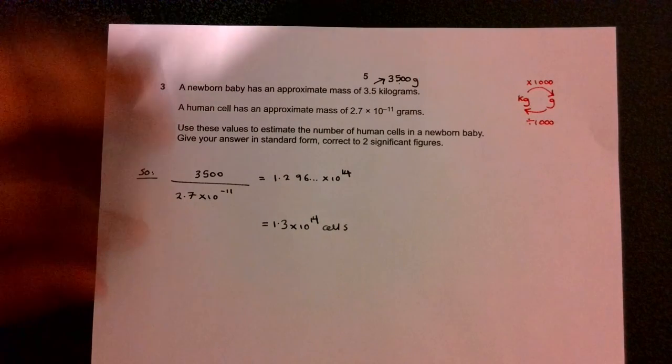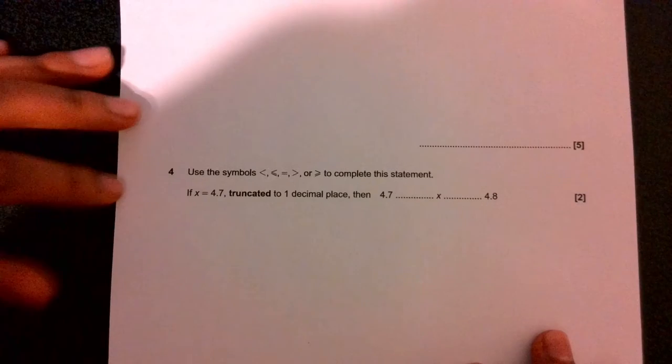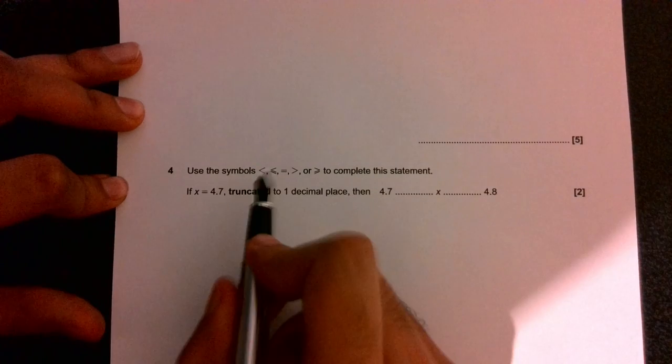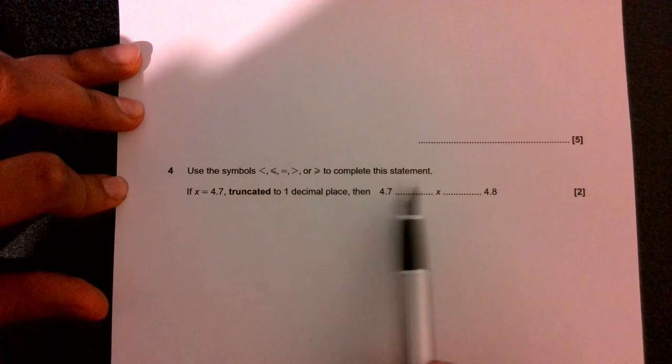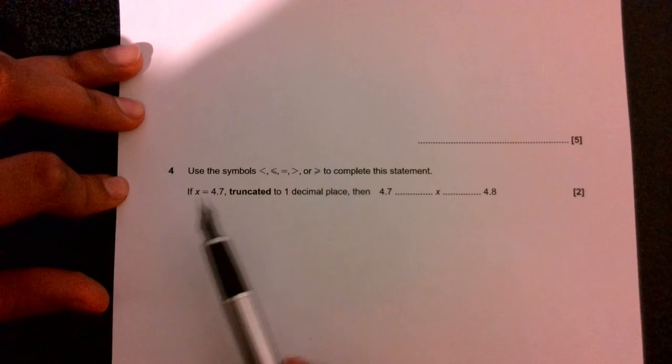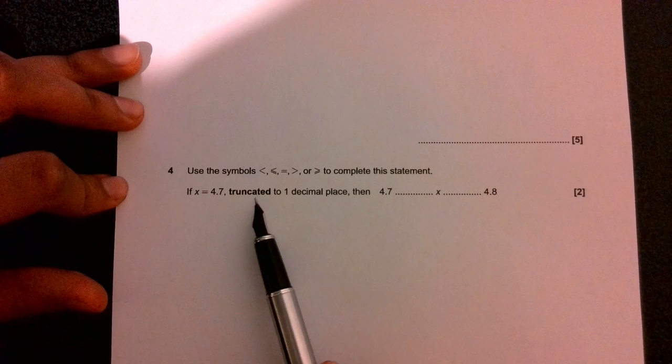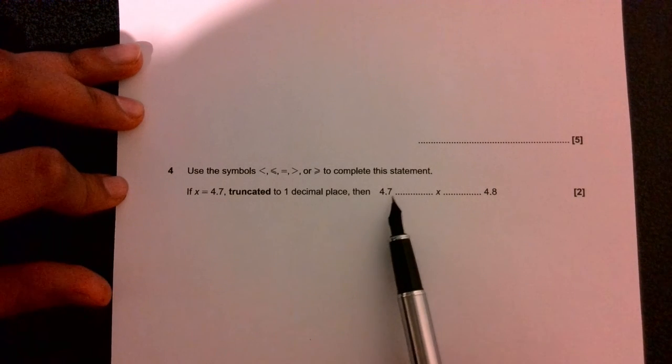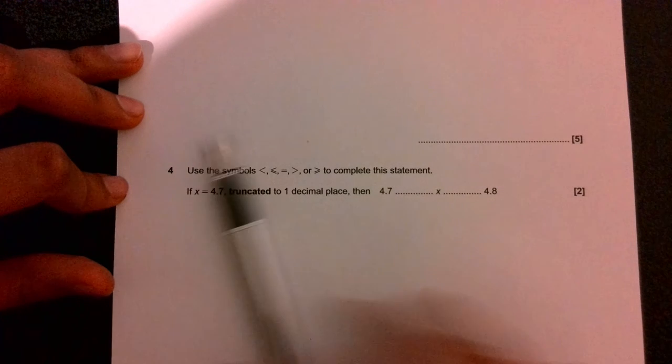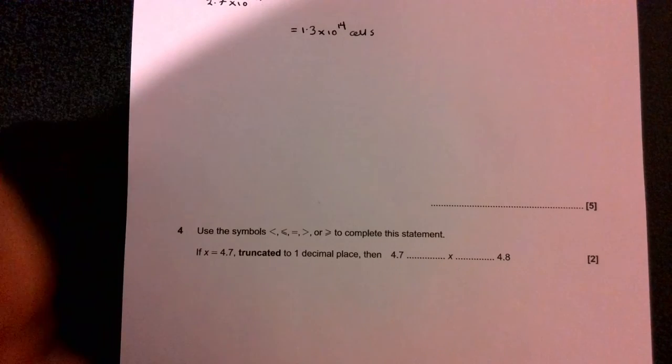Okay, so for question number 4, we have to use these symbols over here to complete the statement. If x equals 4.7 truncated to 1 decimal place, then we have to complete this interval over here.